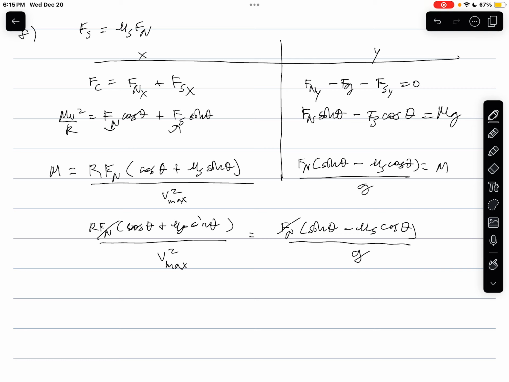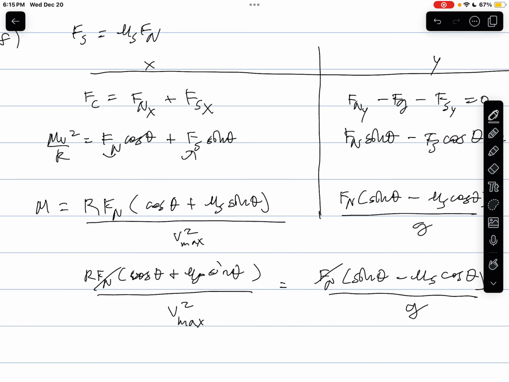And so everything, like I said before, is going to look the same except the signs change because FS is going to point upward instead of downward now. So since FS is pointing upward, the FSX is going to act against the FNX, which is going to cause the total centripetal force to be FNX minus FSX.